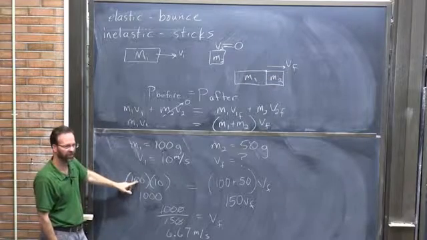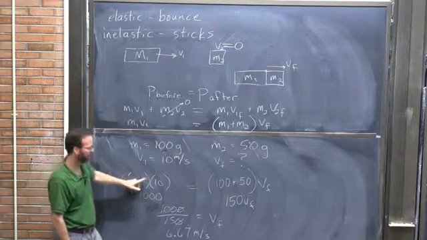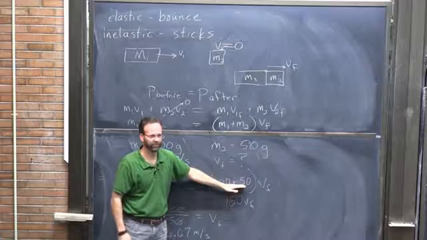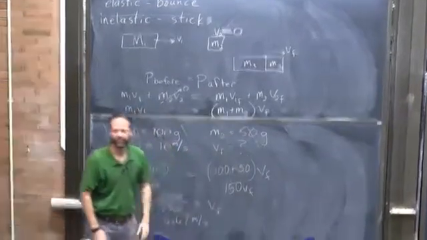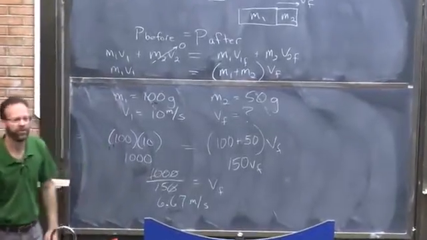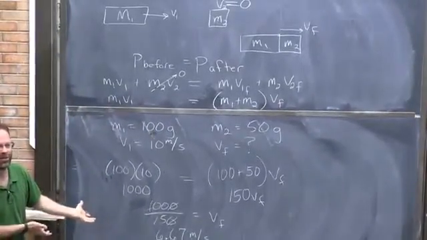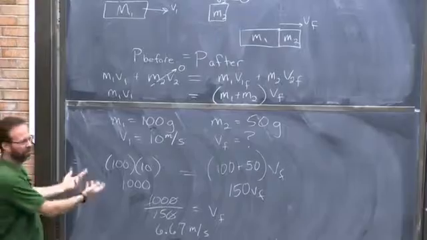This would be the 50, but together they'd be 150. So you can see the mass goes up 2/3, so the velocity should go down 2/3. I don't even have to calculate it now. I know the answer. But in case you don't, there you go.